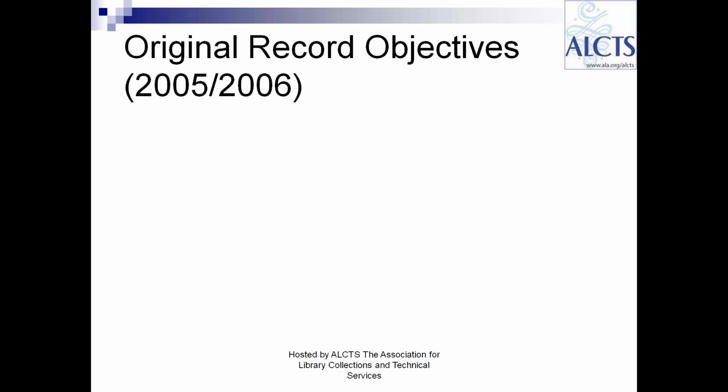So, the original objectives in the creation of the access level record. Back in 2005, the Library of Congress came up with what they referred to as an access level record for remote access electronic resources. At that time, they were discovering it was taking a long time to catalog internet resources.